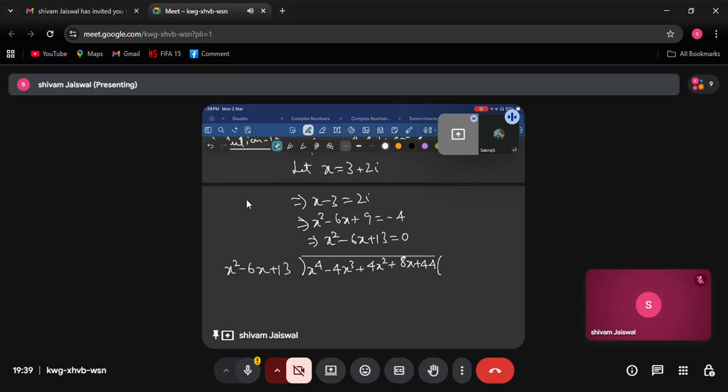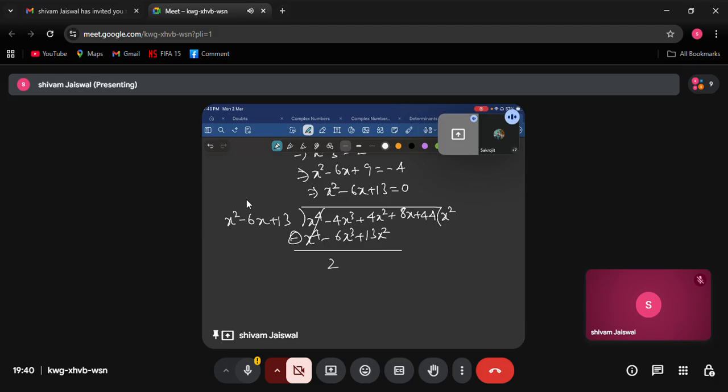What are we getting? x square. You're going to get x power 4 minus 6x cube plus 13x square. Subtract, x power 4 gets cancelled. You're going to get 2x cube, and over here, 4 minus 13, minus 9x square plus 8x.